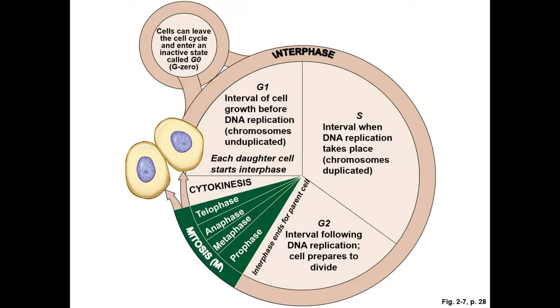At which point the cell can then leave the cell cycle and enter into an inactive state known as G0, from which it can again come back to life at some point in the future, but it could go kind of dormant in a G0 state, or it could enter back into G1 and go through DNA replication and chromosomal replication, and finally preparation in G2 for division, and then re-enter mitosis again. So it can go around and around and around in this cycle, or not.